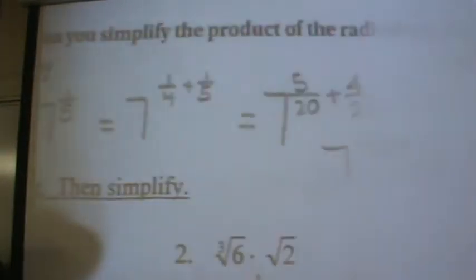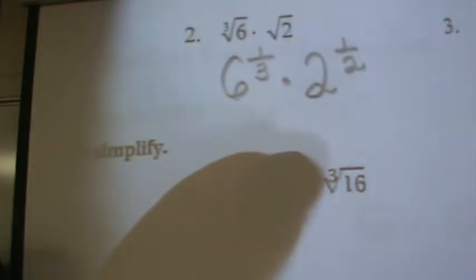You have to have the same bases. If the bases are the same, you keep the base the same and you add the exponent. Well, if the bases are the same, you do that. Then, are these bases the same? No. Can't do this one.